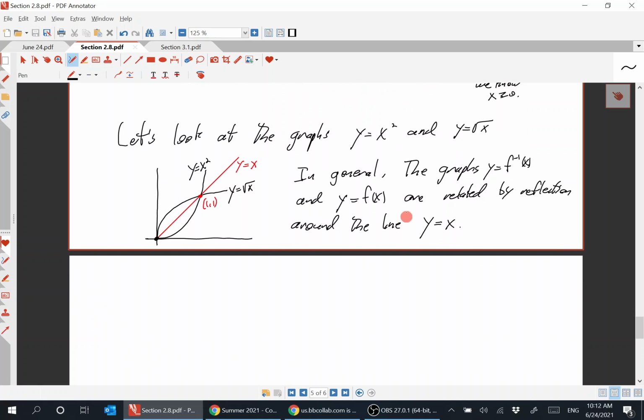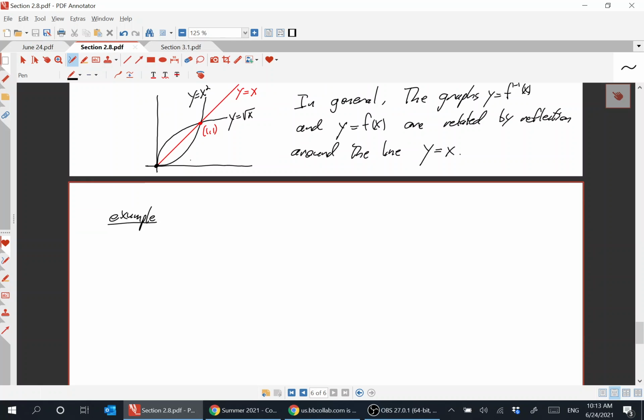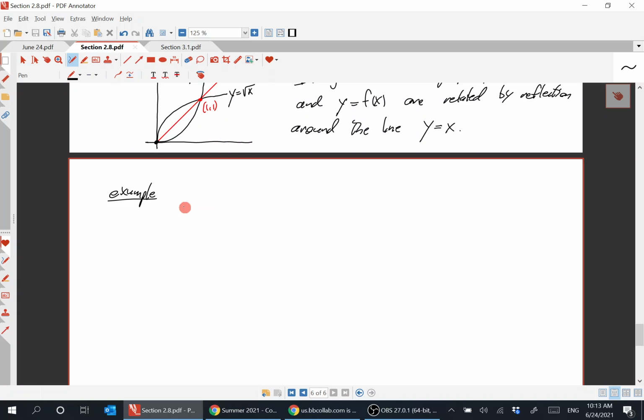So, I mean, if you just picked any other one-to-one function, let's look at the function y equals 1 over x.